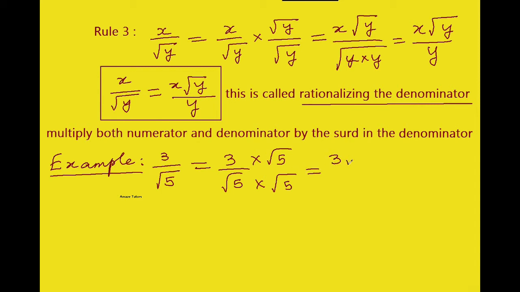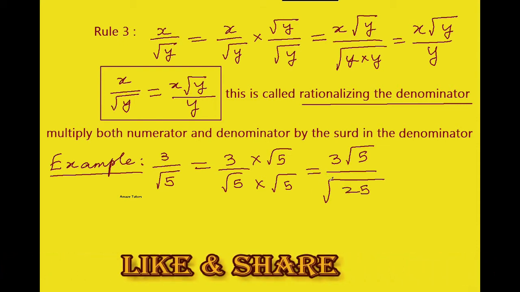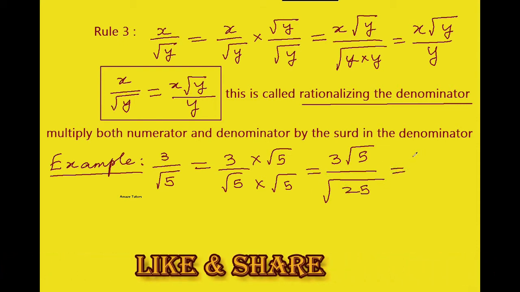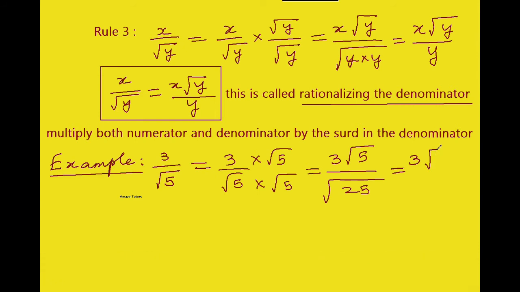Now 3 root 5 times root 5 is root 25, because when you write it under one radical, it is 5 times 5, which is 25, or simply 5, we know that very well. So 3 root 5 over 5. This is the final answer, the rationalized answer. I hope you understand how to rationalize the denominator for any given surd.